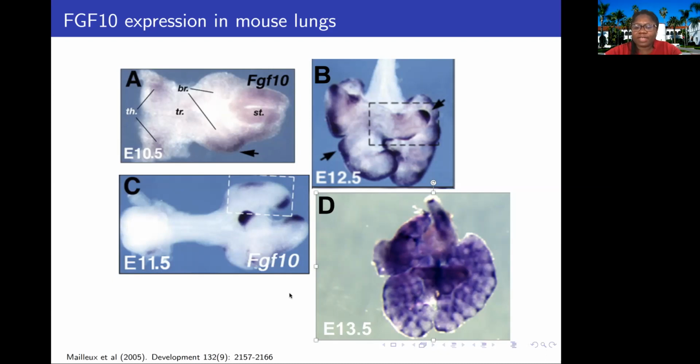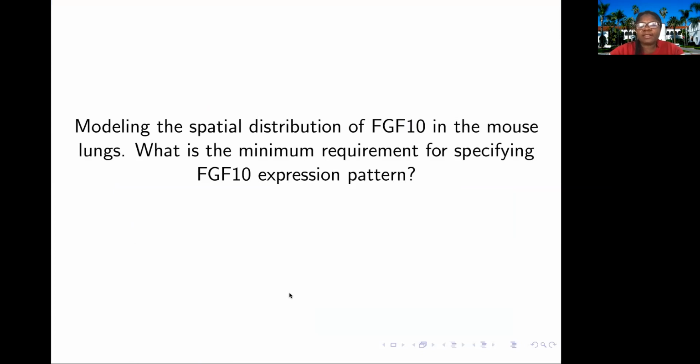And since this is a diffusion process where the molecules are moving around, we decided to use a model that we call reaction diffusion systems to model how these patterns are being expressed.